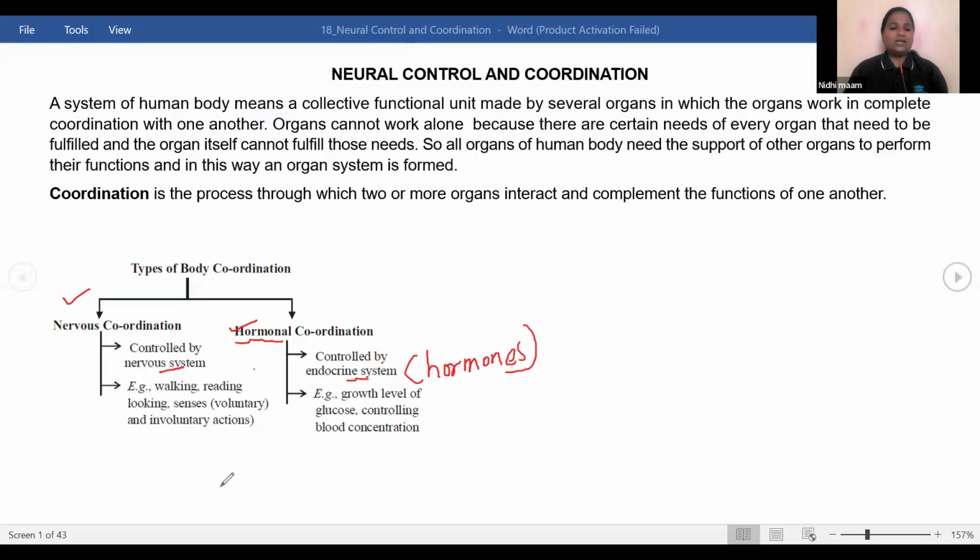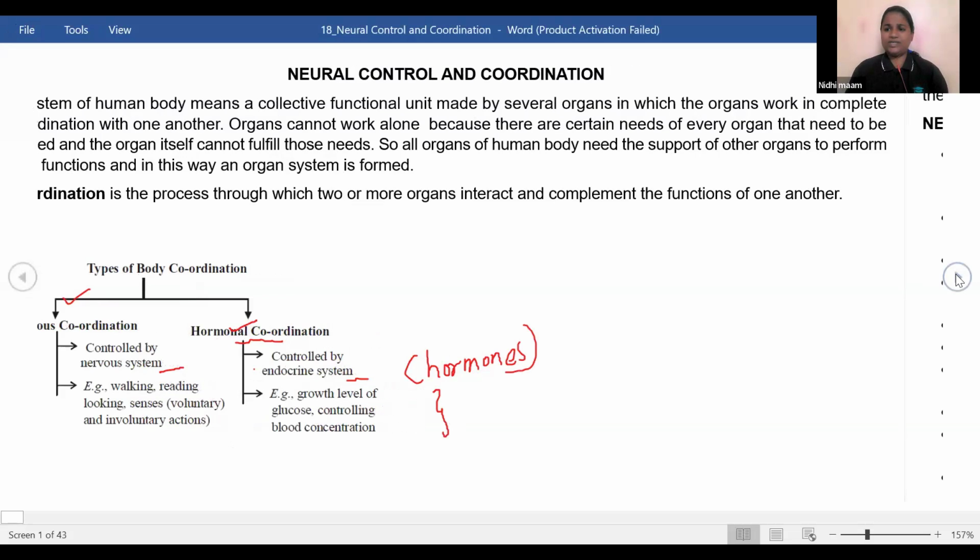Nervous coordination examples are walking, reading, looking, senses, involuntary as well as voluntary actions. These all come under nervous coordination. Hormonal coordination includes growth, level of glucose, controlling blood concentration. These all come under the hormonal functions.